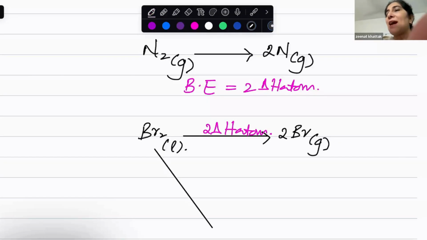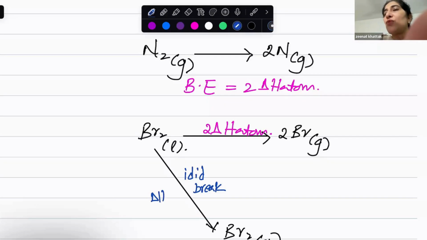Now, if I break the ID, the bromine liquid will turn into bromine gas. The ID break. So is this delta H vaporization? Yes. And now the covalent bond break and it turns into what?